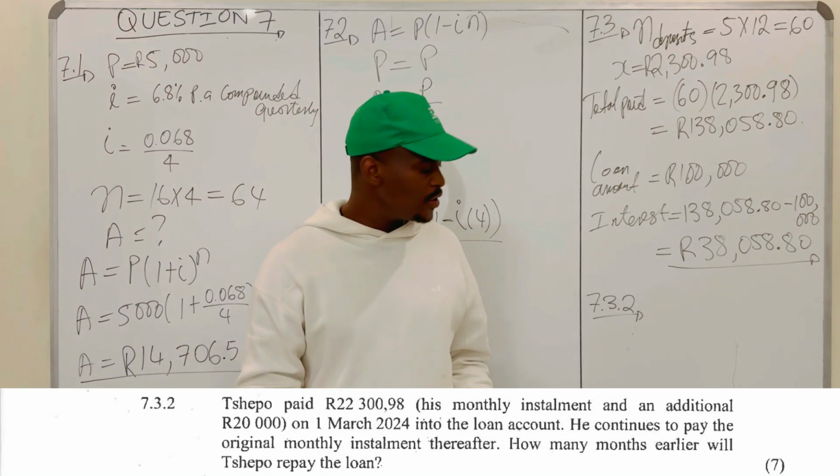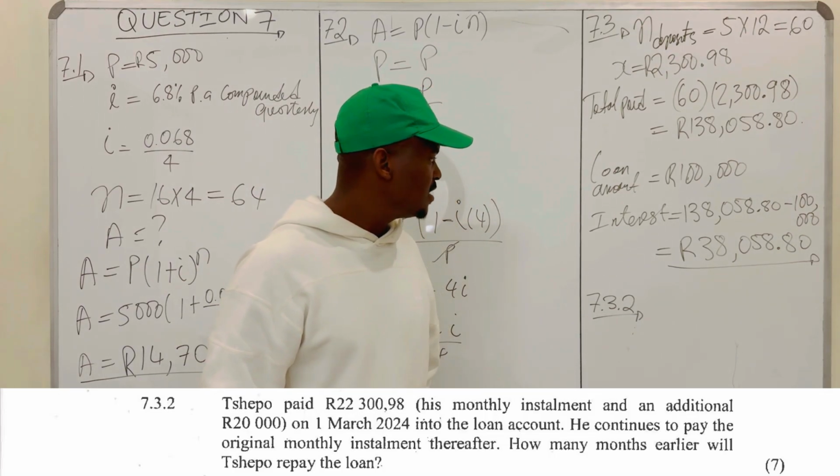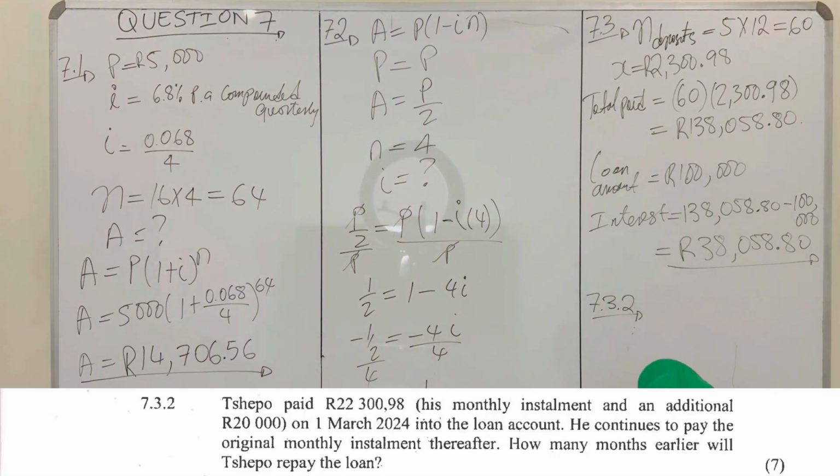How many months earlier will he repay the loan? So here's what is happening. Let's have a timeline here, like this. This is when the loan was taken. Let's say minus 100,000.